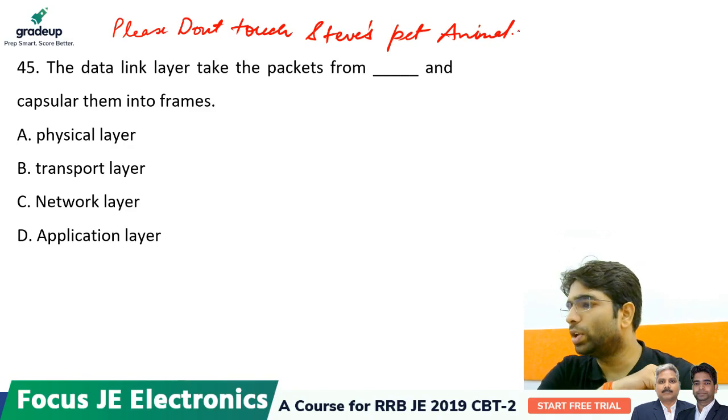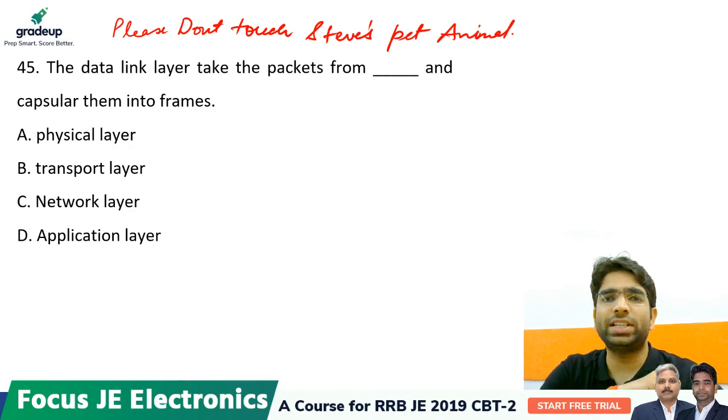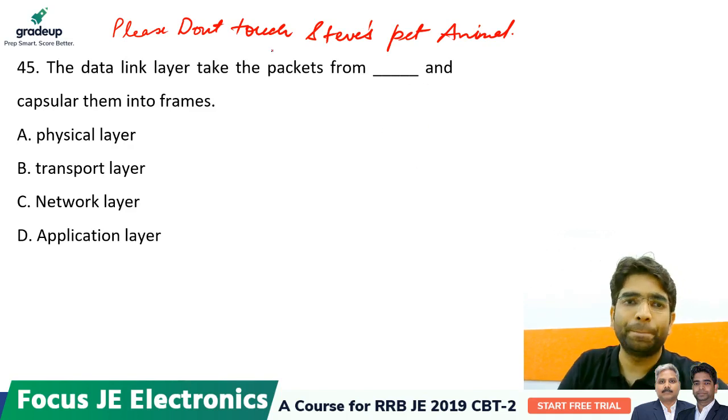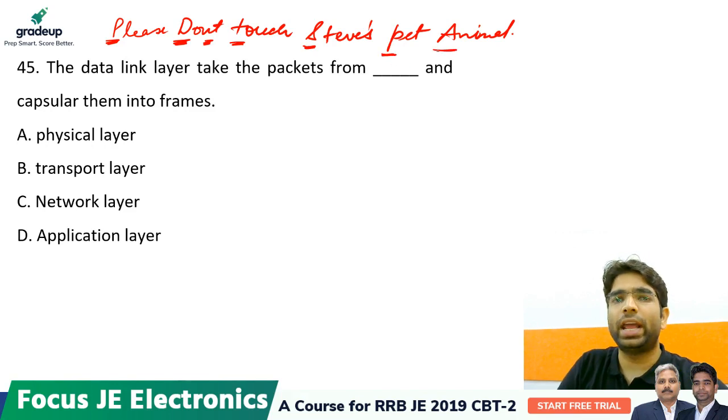P is for physical layer, D is for data link layer, N is for network layer, T is for transport layer, S is for session layer, P is for presentation layer, A is for application layer. You can learn it by this.